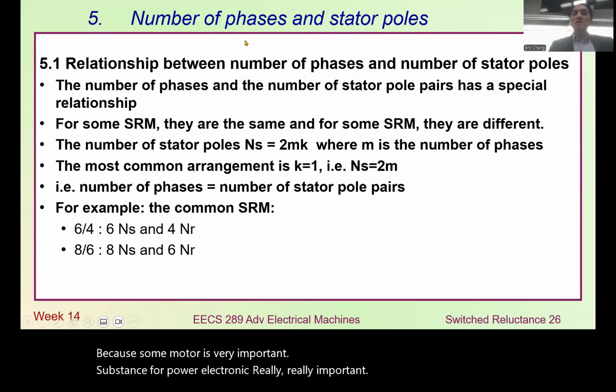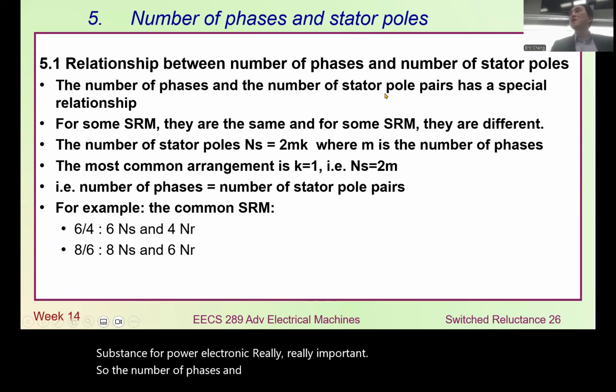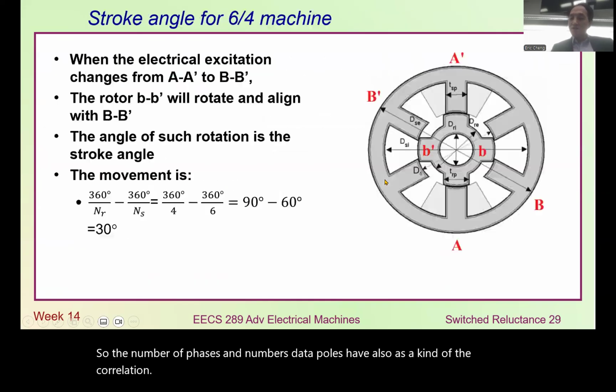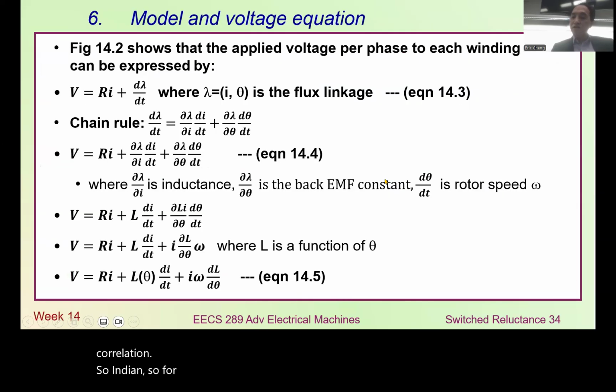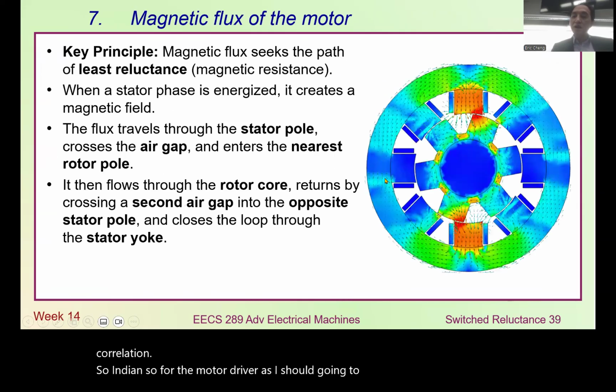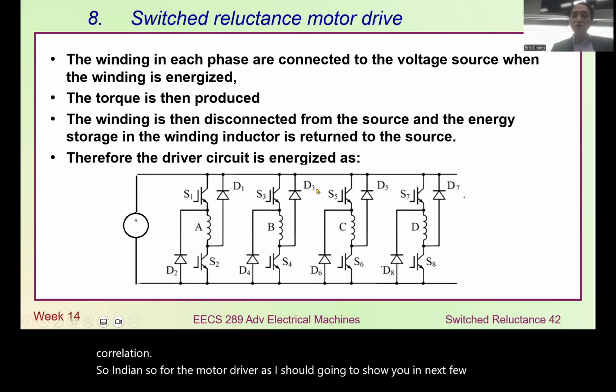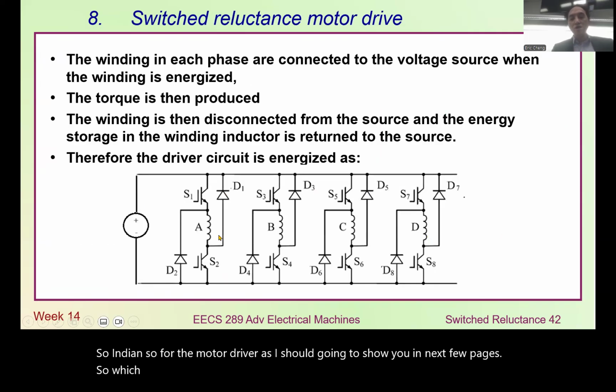So the number of phases and the number of stator poles also have a correlation. For the motor driver, as I'm going to show you in the next few pages, each of the windings, say A, B, C, D, has a different winding.